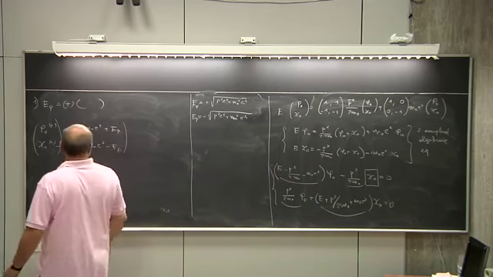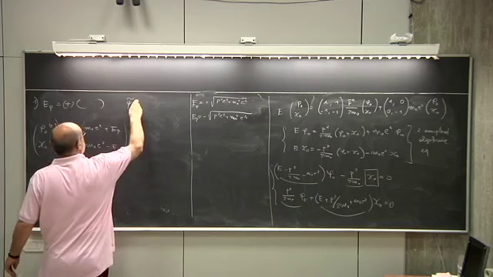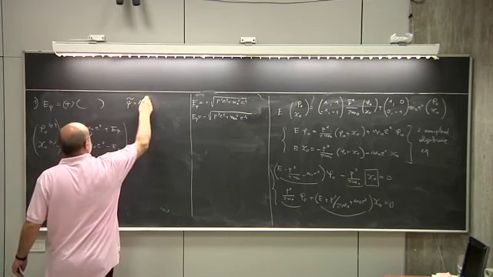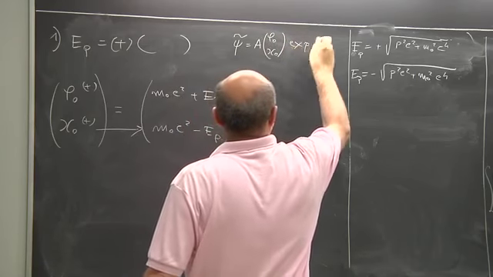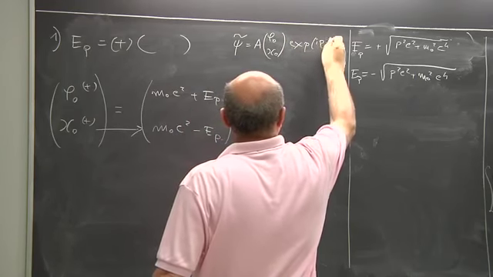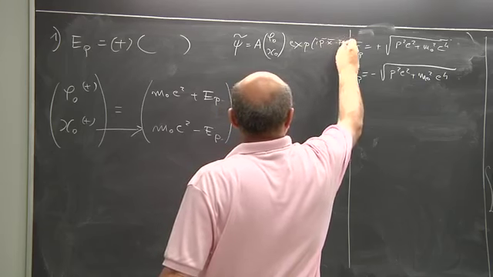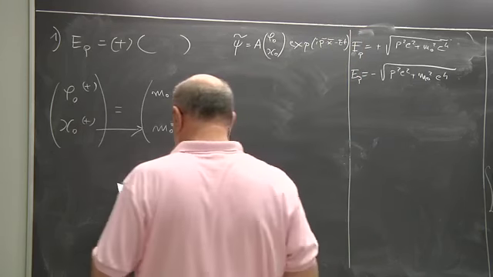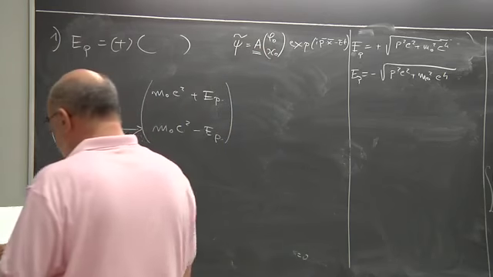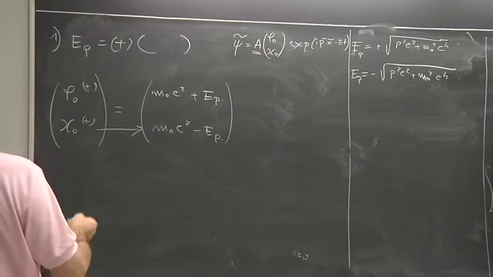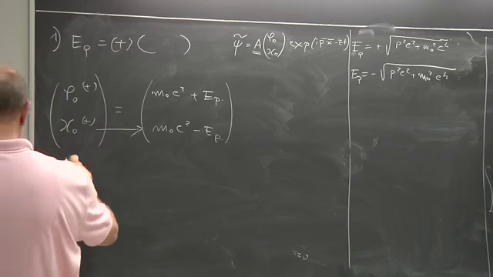Now, what is left? Remember, the solution was psi tilde equal A, phi 0, chi 0, exponential of i(p x minus E t). So there is A to be determined. Well, A you determine by normalization, but which normalization?